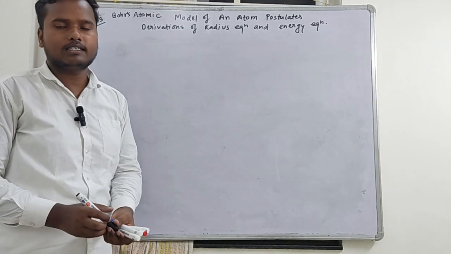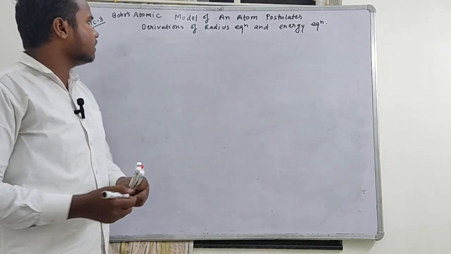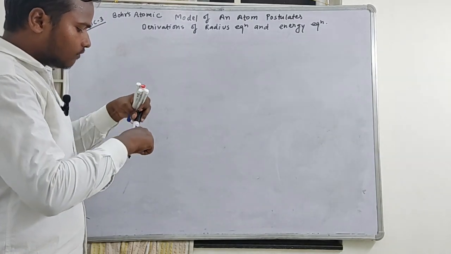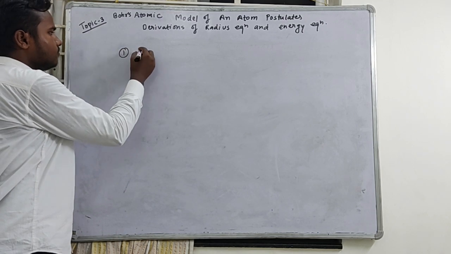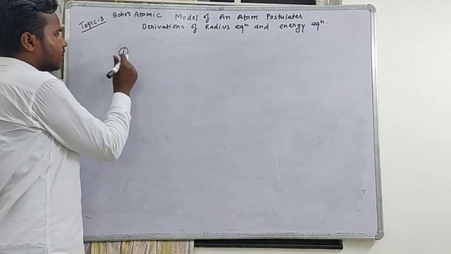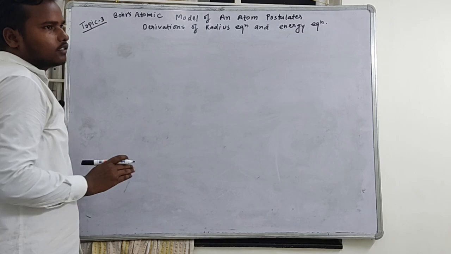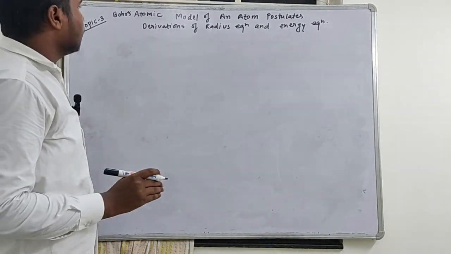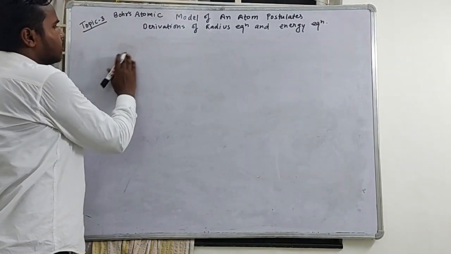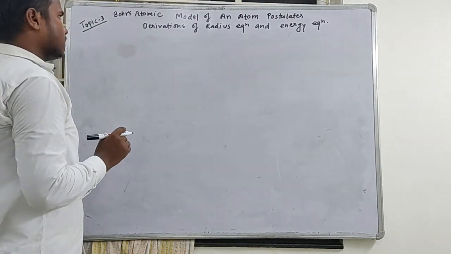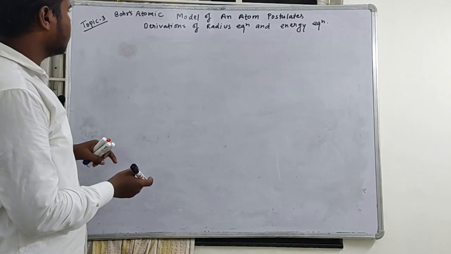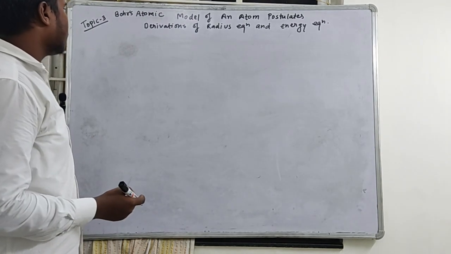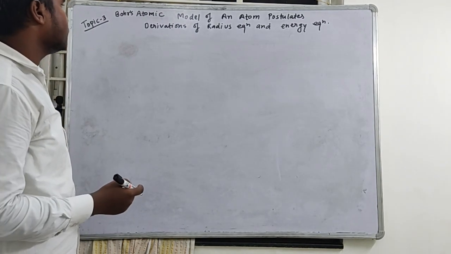First, Rutherford fails to explain the stability of the atom, and second, Rutherford fails to explain the line spectrum or discrete spectrum. To overcome both these drawbacks, Bohr's atomic model came.